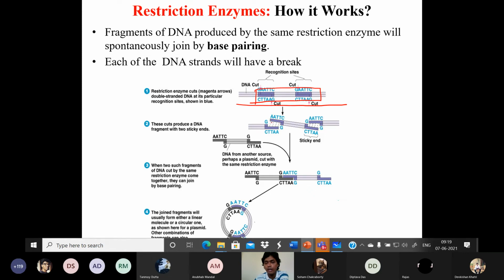That means you have some single-stranded overhang like AATTC, and here also TTAA. I'm not going into those details. They recognize some specific sequence. So when they cut this sequence, they leave AATTC and here also some overhang.